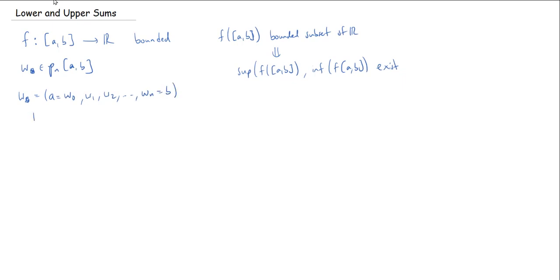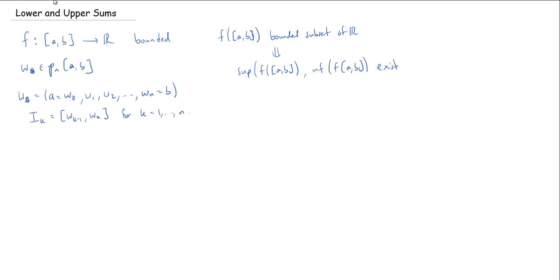And I'm going to define the sub-intervals that this partition gives by, say, I_k. So I_k is going to be the interval that goes from w_{k-1} through w_k. I can do this for k equal to 1 through n.